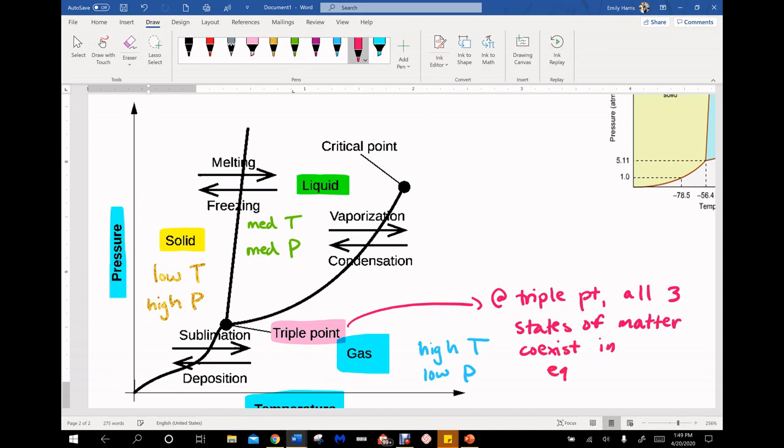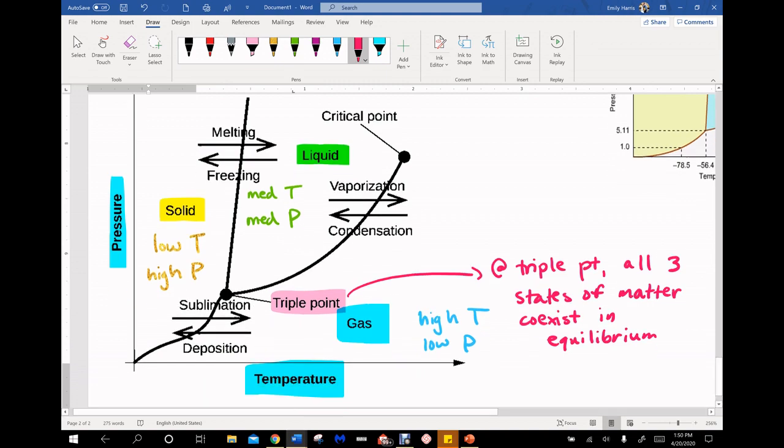What that means is that at that temperature and pressure, the solid, liquid, and gas state of the molecule are present all at the same time. In our dry ice lab, typically in this unit, you actually get to see the triple point of dry ice, where we have the temperature and pressure adjusted so that you can see it as a solid, liquid, and a gas at the same time. It's super, super, super neat.